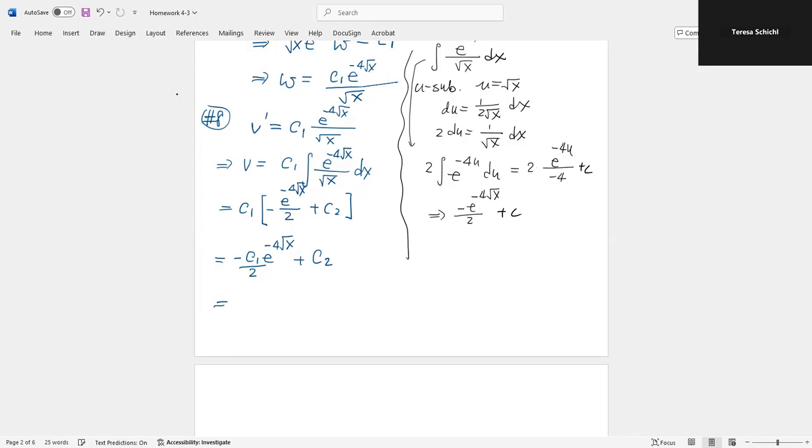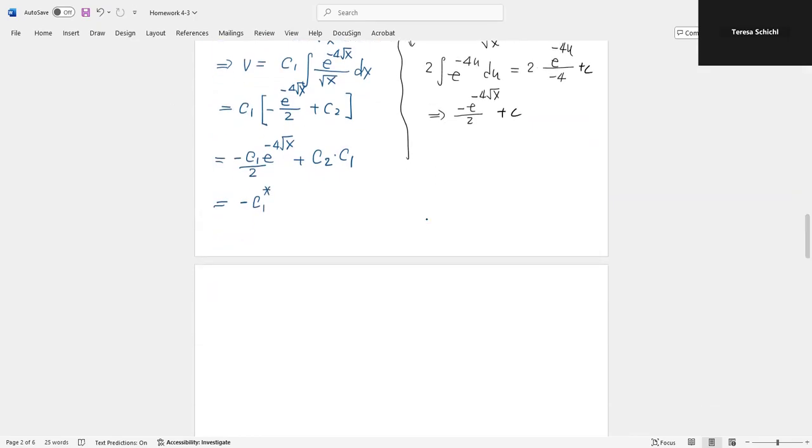So this is C1 times C2, so you just follow that. Now I can change the C1 over 2 to, I will say, C1 star. So I can just say the C1 star e to the negative 4 square root of x. Then the whole of these things I can say is just another constant, C2 star.